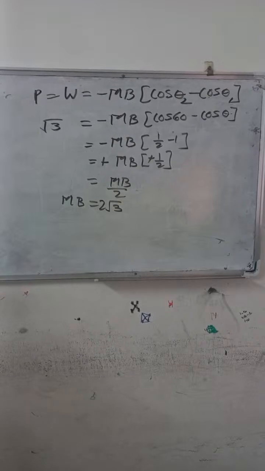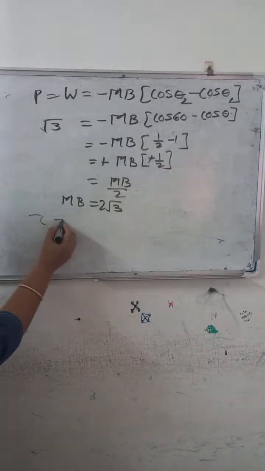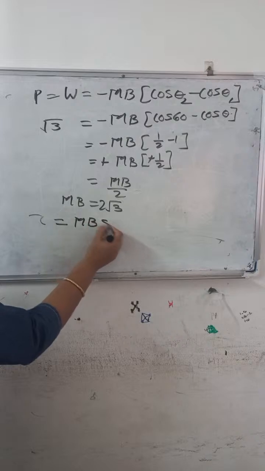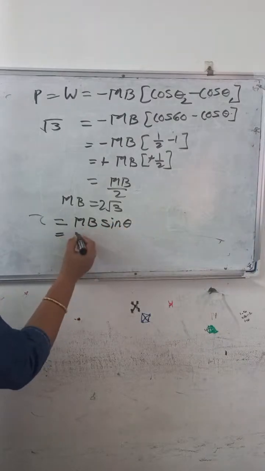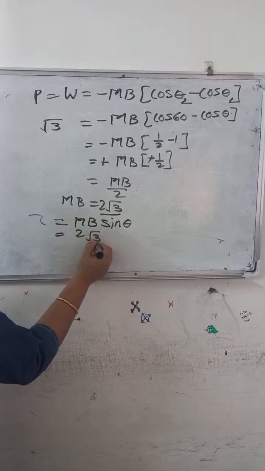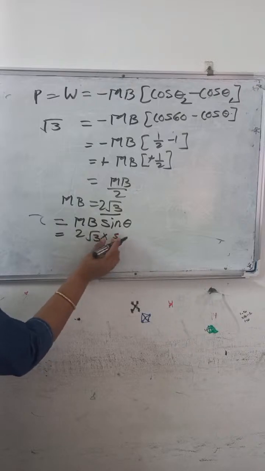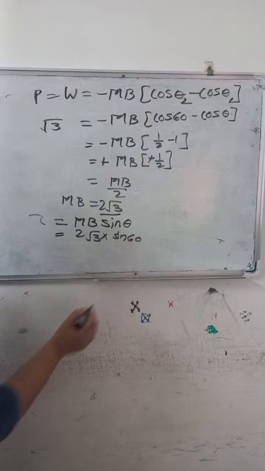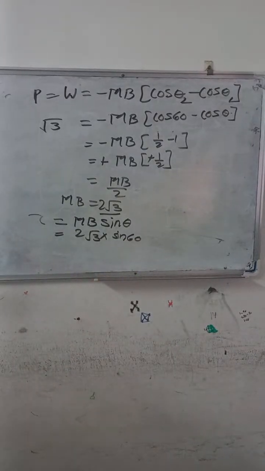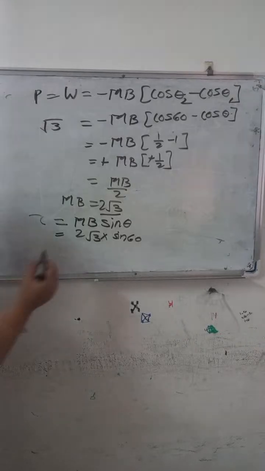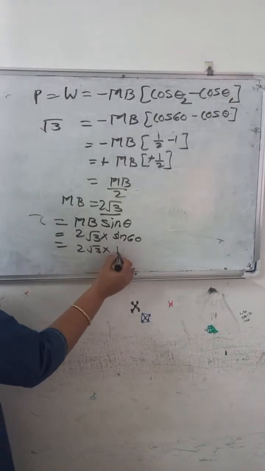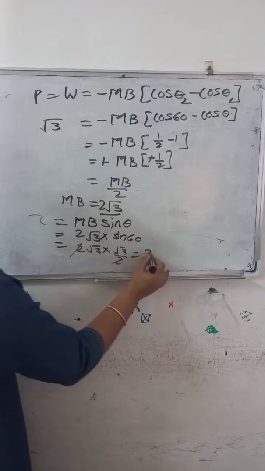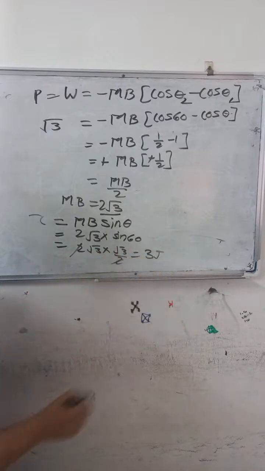They are not only asking MB, they are asking to maintain this, so tau is equal to MB sine theta. Substituting MB as 2 root 3 and sine 60 as root 3 by 2, the 2 gets cancelled, and root 3 into root 3 is 3 joule.